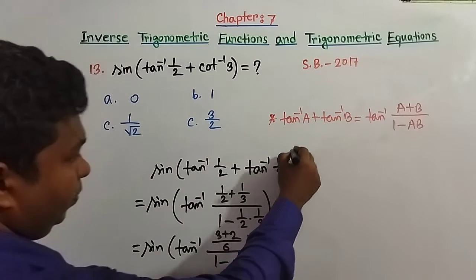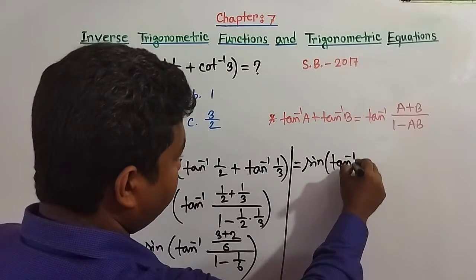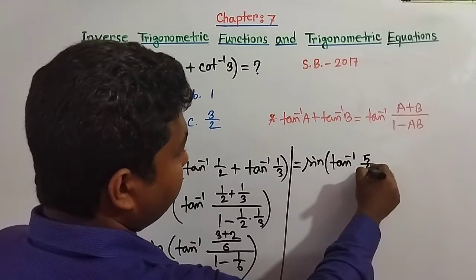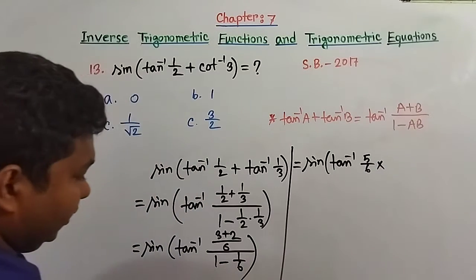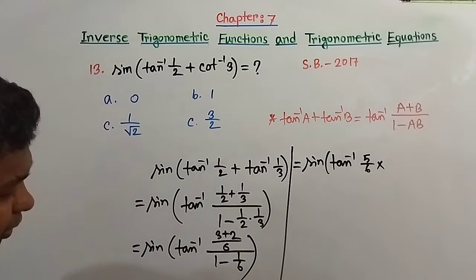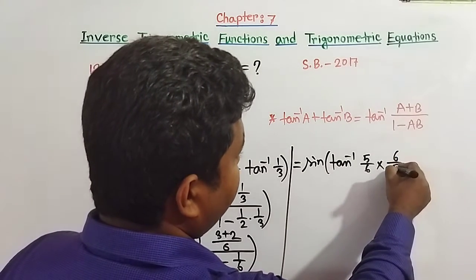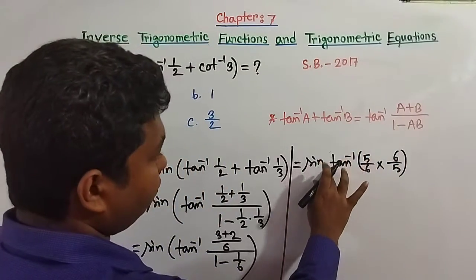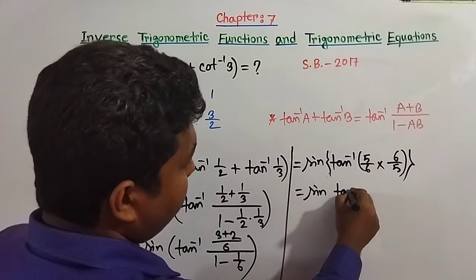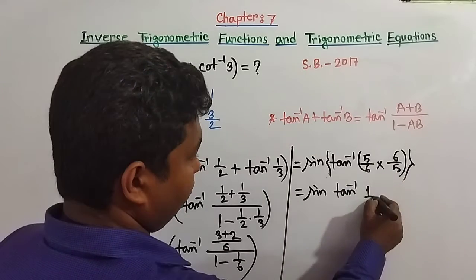Then here sin tan inverse, here 5 by 6 into, taking LCM 6 we will get 6 minus 1 by 6, that is 5 by 6, so we have to write this as 6 by 5. Then sin tan inverse, by simple calculation we will get 1.